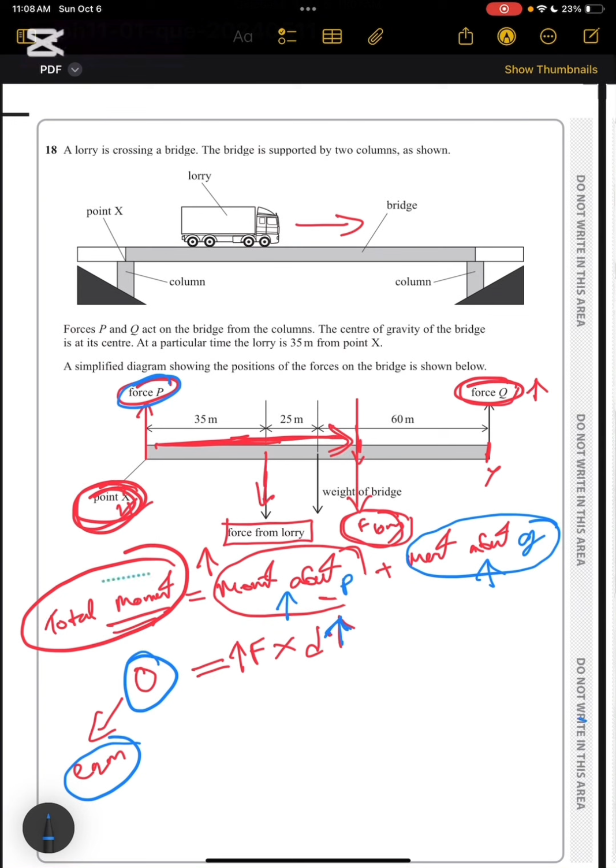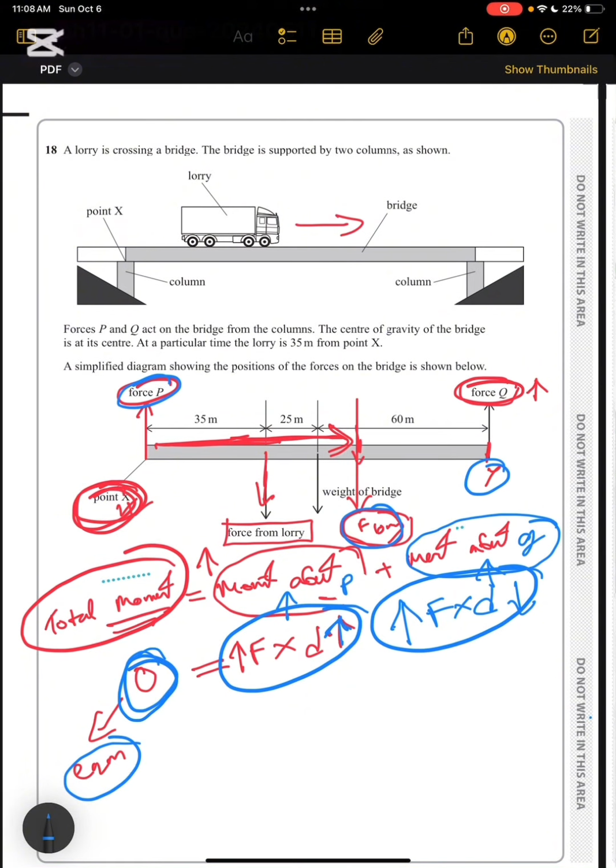The moment is force into distance. As the distance has decreased, the force must increase a lot so that this is equal to this and overall the value is 0. So I think you guys have understood it. We can write it down in our own words right now.